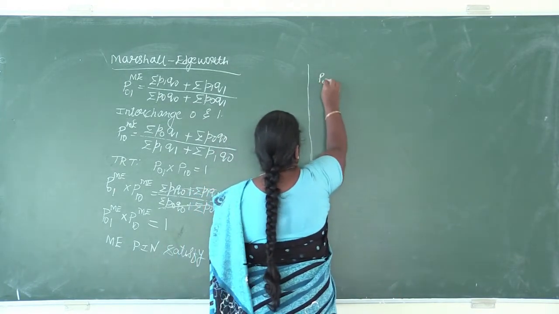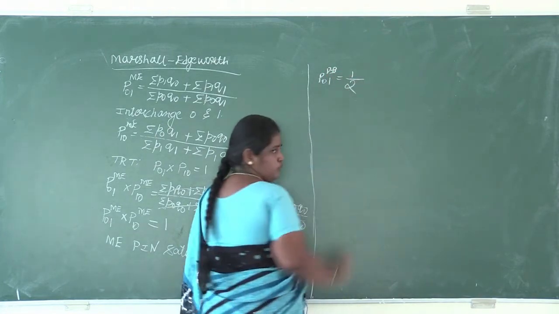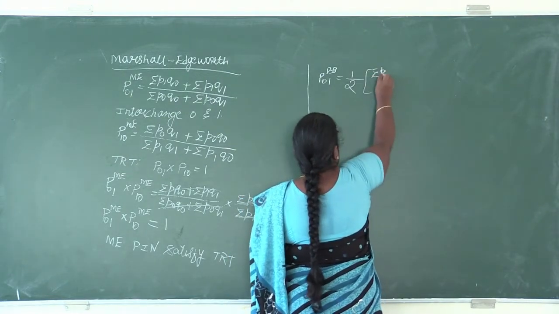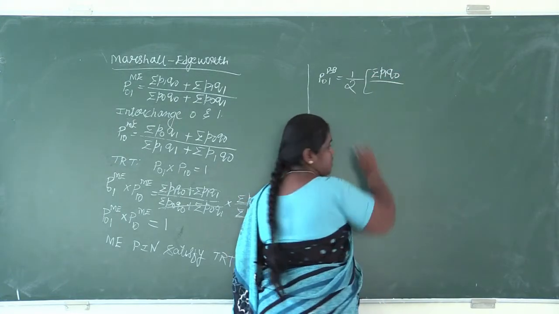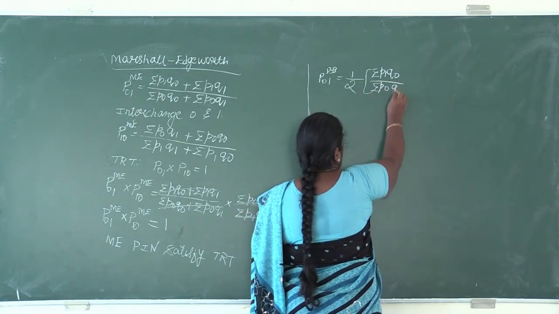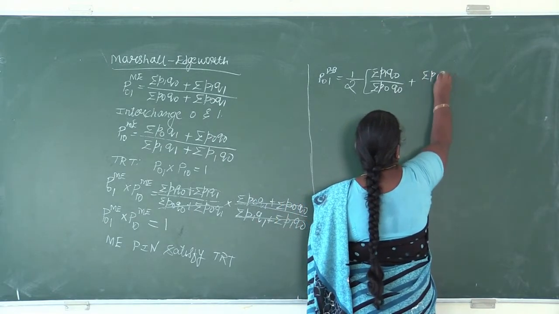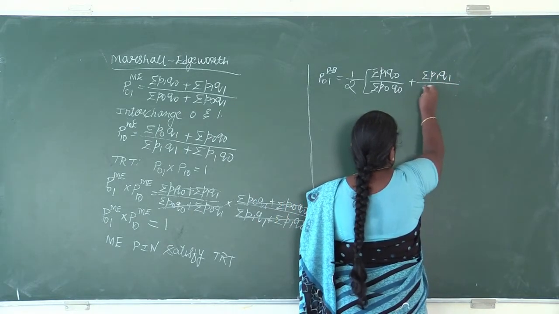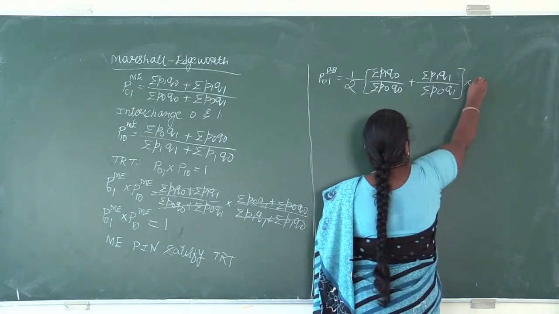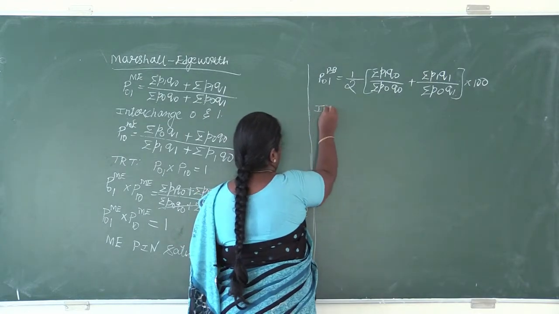It is P01DB equals 1 by 2 into sigma P1 Q0 divided by sigma P0 Q0 plus sigma P1 Q1 divided by sigma P0 Q1 into 100. Now interchange 0 and 1.